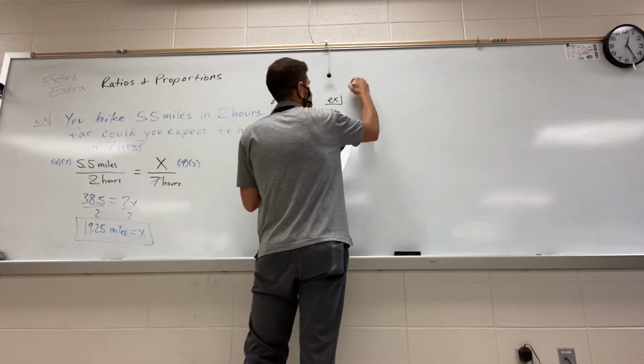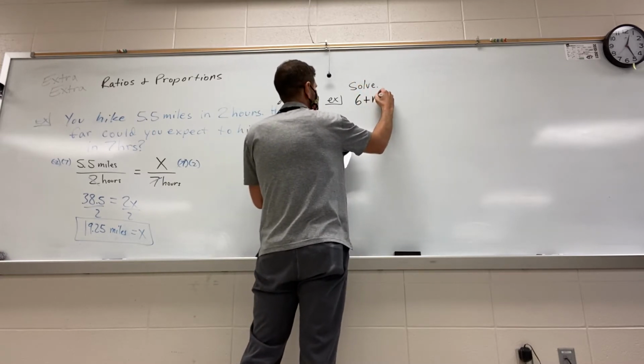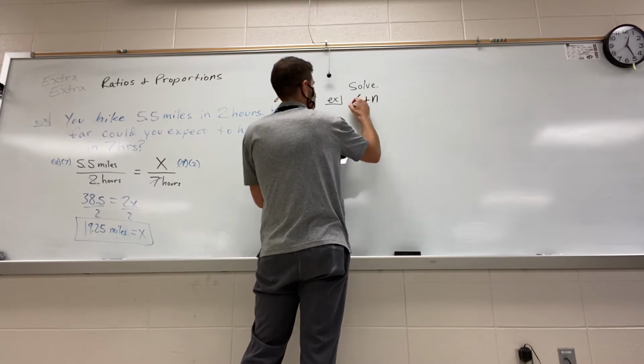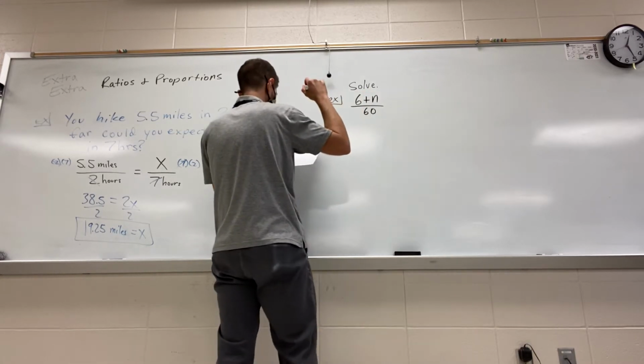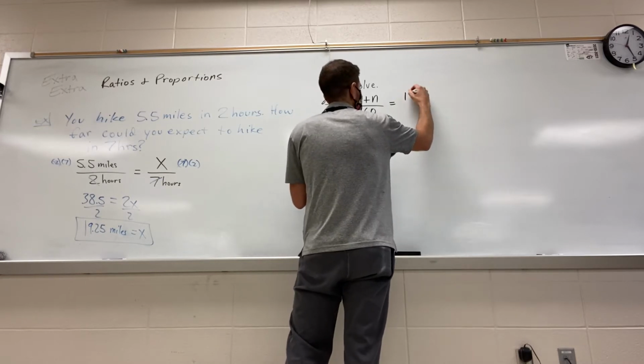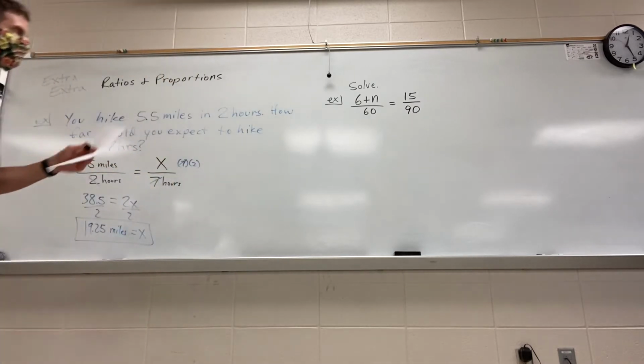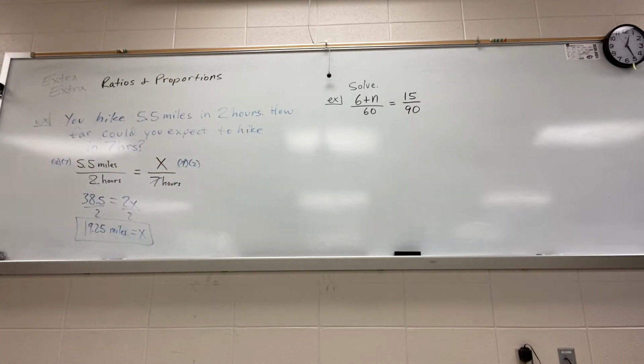We're gonna solve, and we've got 6 plus n over 60 is equal to, this is kind of silly, 15 over 90. Now the reason I say it's kind of silly is because doesn't 15 over 90 simplify? Yeah. So you could totally simplify that first if you wanted to. Or you could just start solving it.